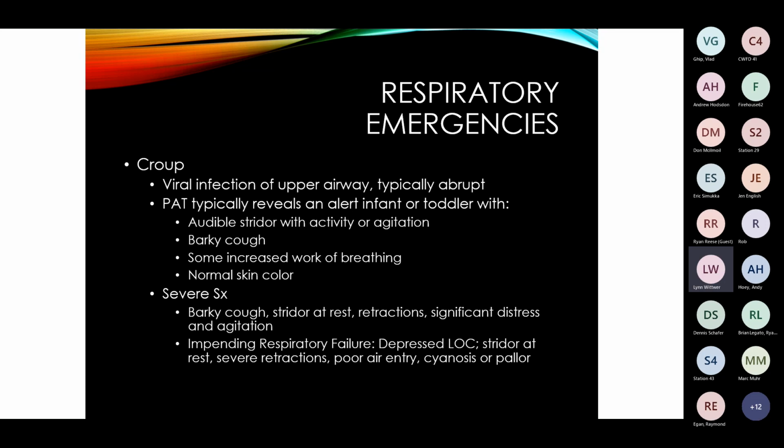That's your usual case. But if that's severe, with a barky cough, they'll also have stridor at rest. So in the previous case, mild case is stridor when they have activity or when you agitate the child. Now, with severe symptoms, they have this barky cough at rest. Sounds like a seal bark.